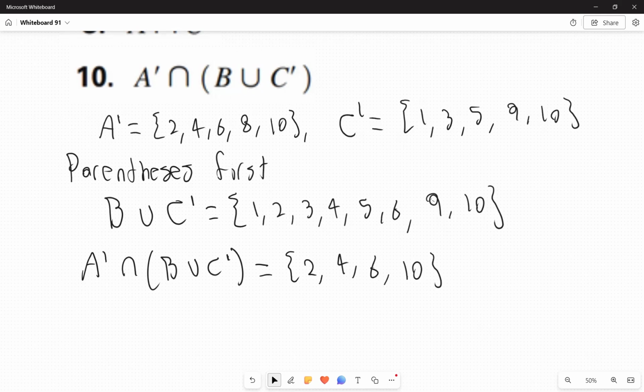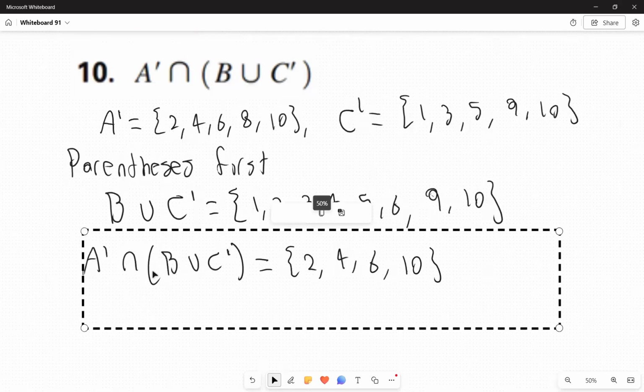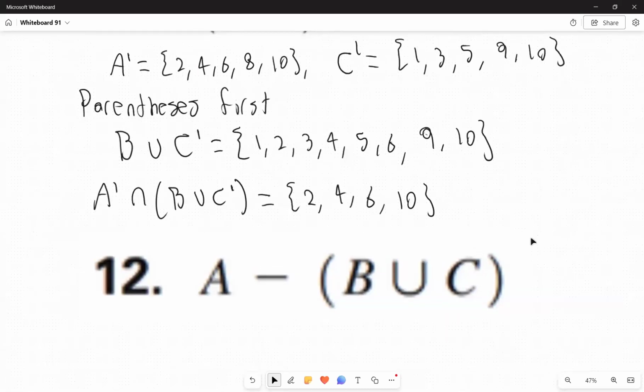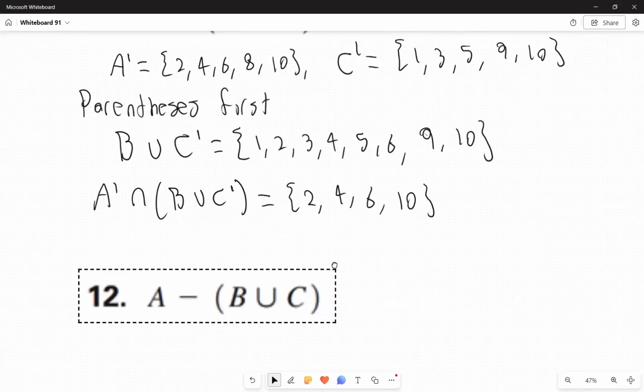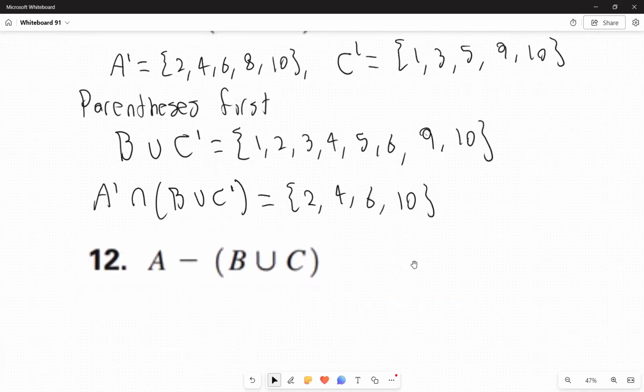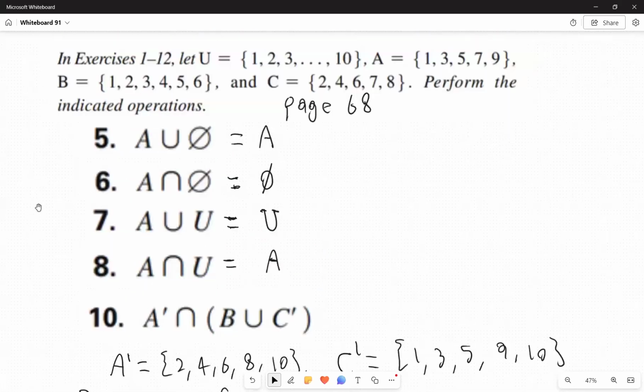And number 12, that involves the difference of two sets. On number 12, we need to find A minus B union C. So again, parentheses first, we need to find first B union C. The elements that are in B or C or both.